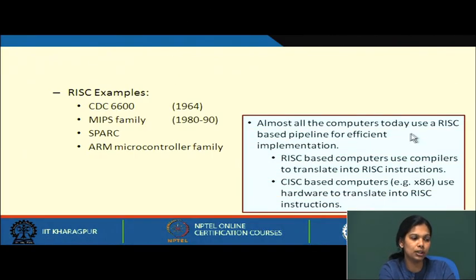Almost all computers today use a RISC based pipeline for efficient implementation. RISC based computers use compilers to translate into RISC instructions, and CISC based computers use hardware. They do not use software like compilers to convert it; rather, they use some hardware to translate those instructions into simpler instructions, that is, RISC instructions.